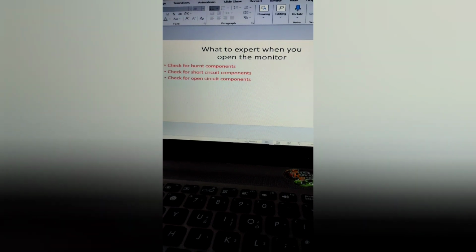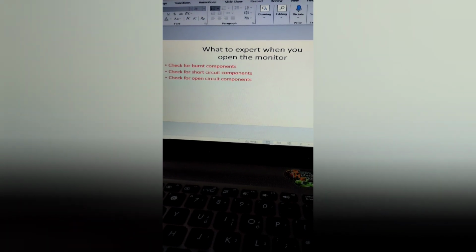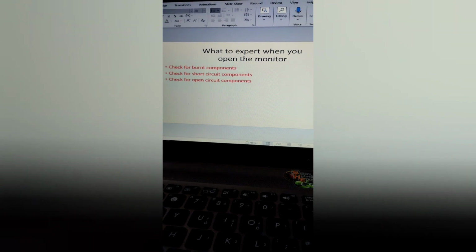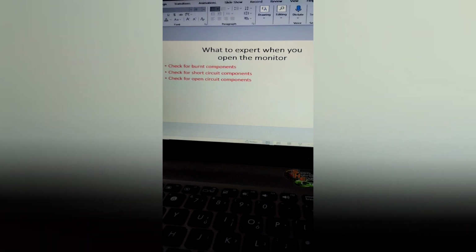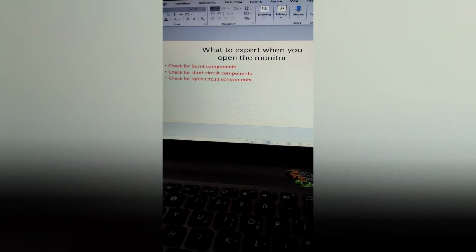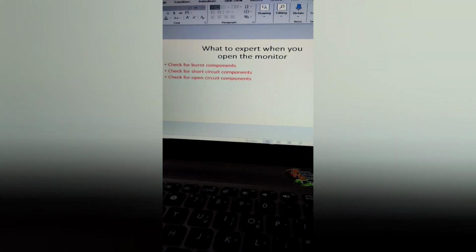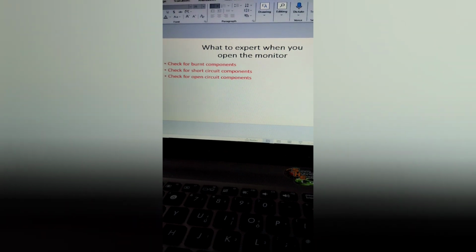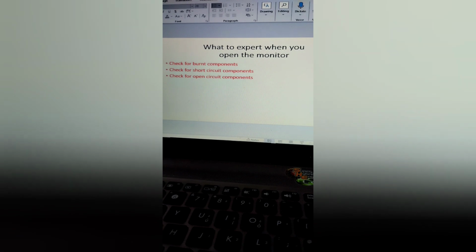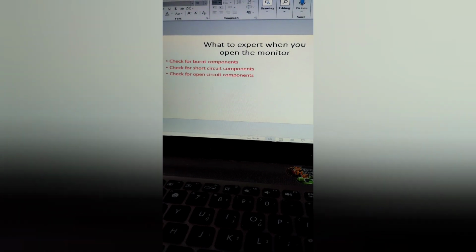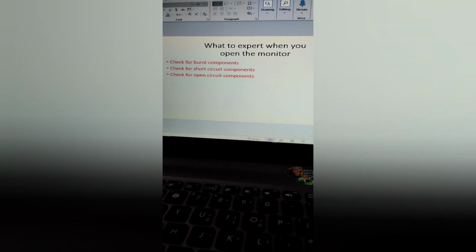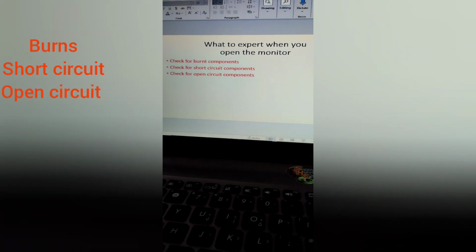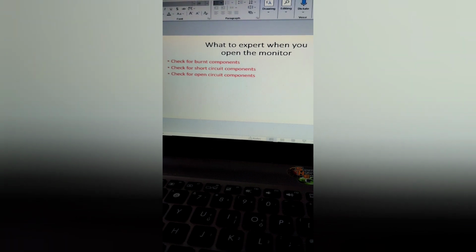So check for open circuit, check for burns, check for short circuit in your system. When you find out that your monitor is not working and you open it, or a power supply or a monitor or any device that you are working with, these three things, the burns, short circuit and open circuit, can create problems. So trace and see that it's not any of this that is causing problem in your device or your system.